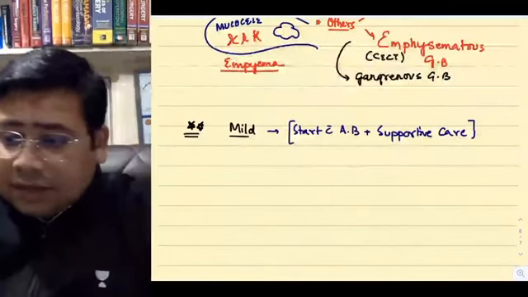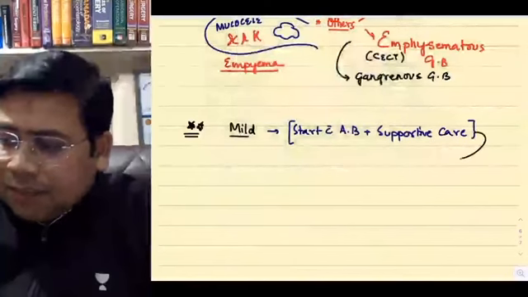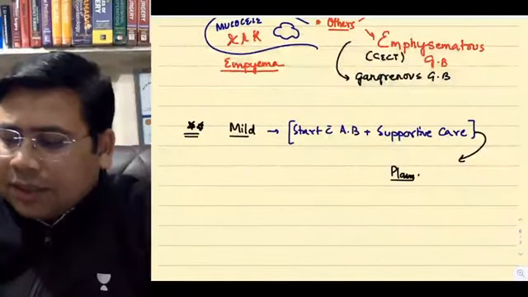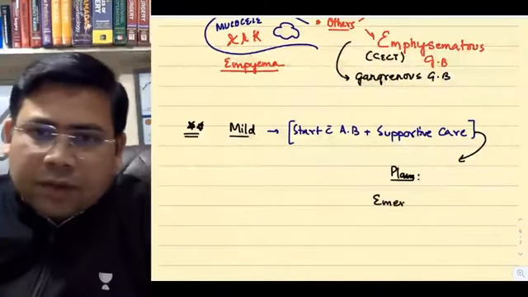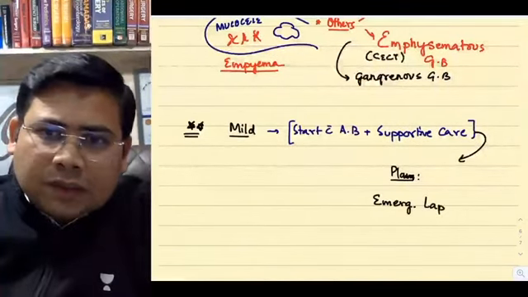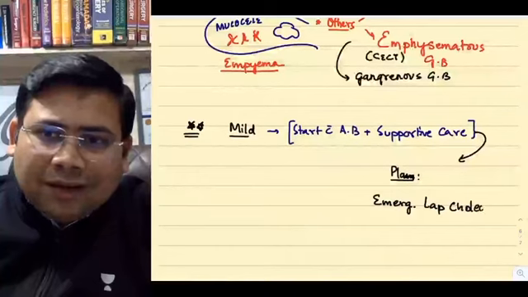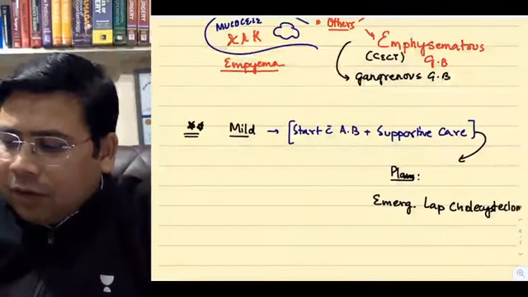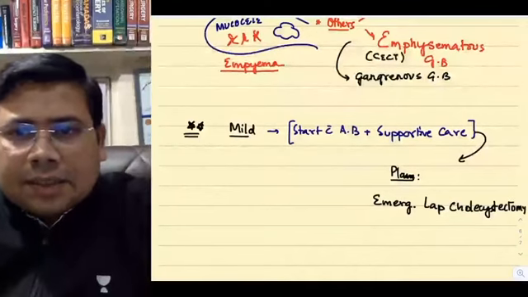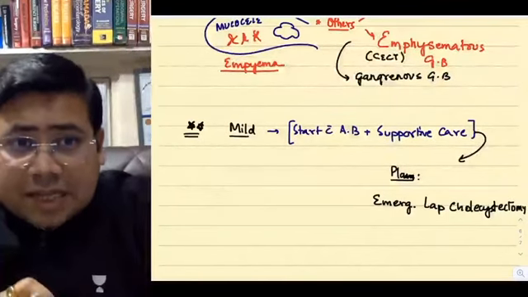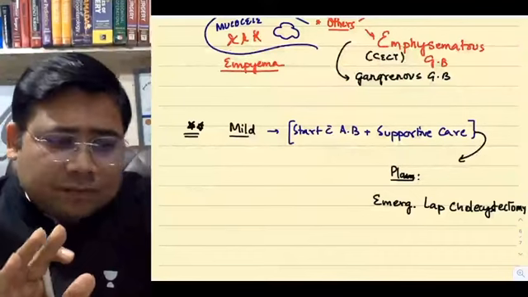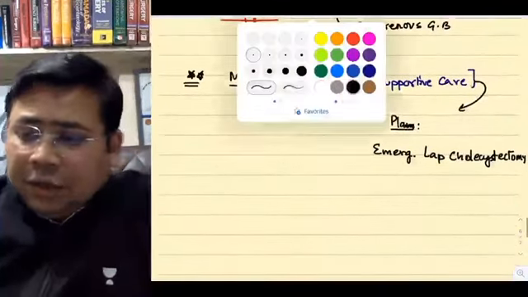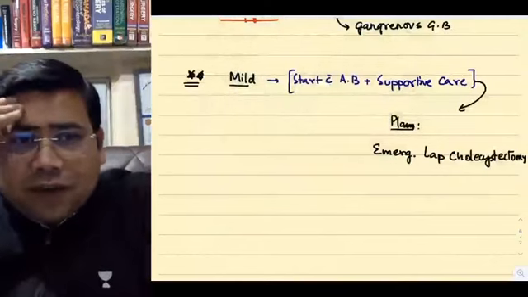And after that, the plan is emergency lap cholecystectomy. There is no indication of open cholecystectomy now for the mild. Lap cholecystectomy is ideal. Regarding the duration, earlier we used to say 5 to 7 days.